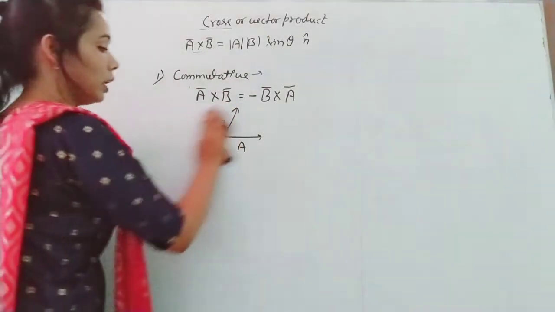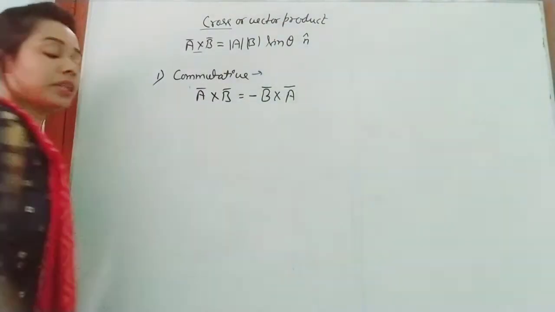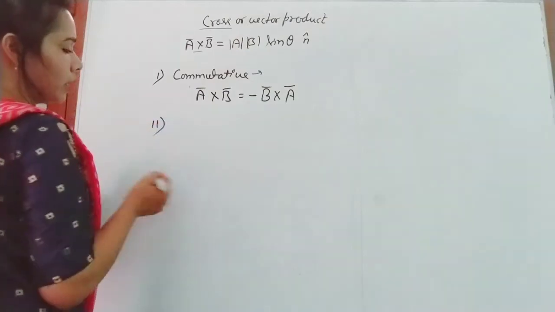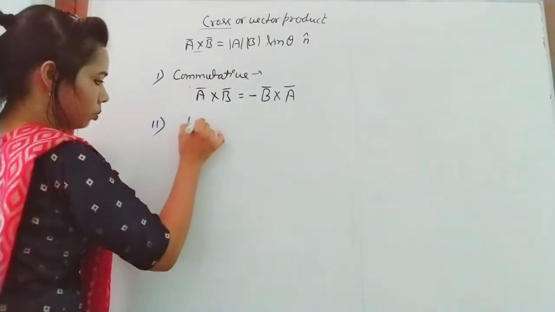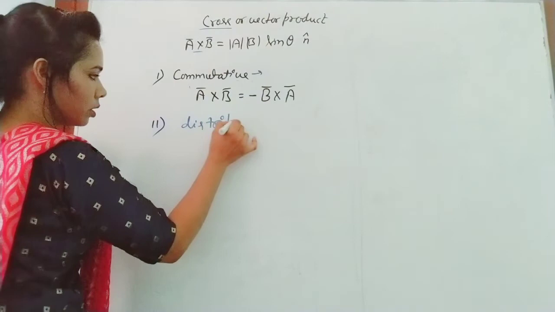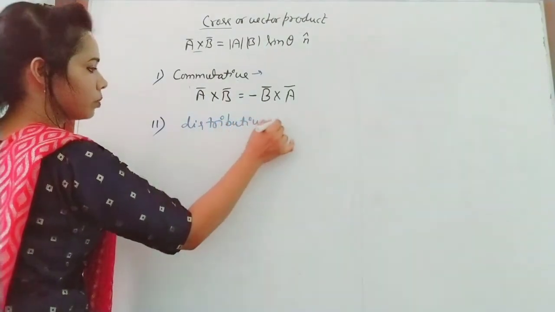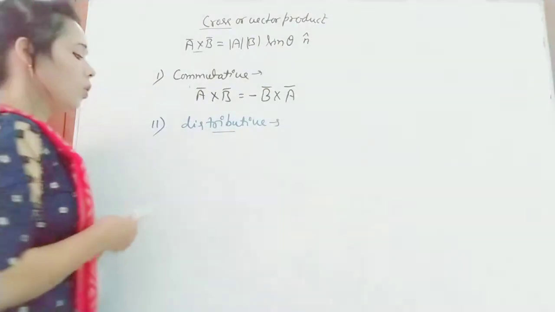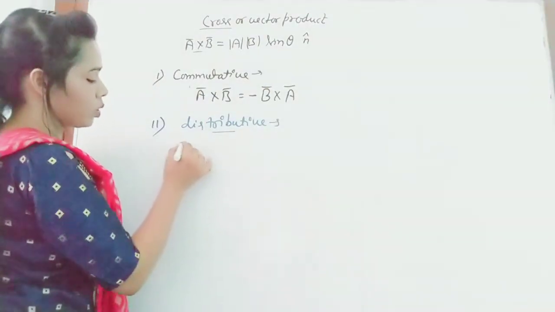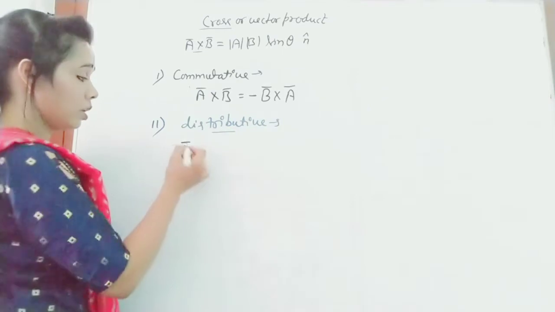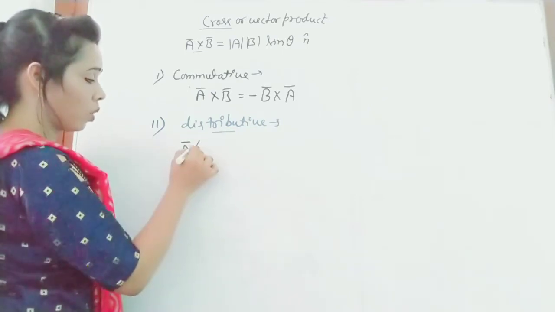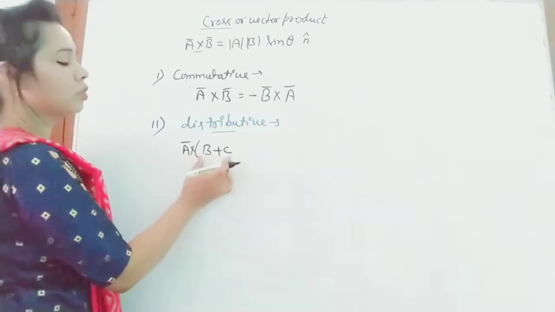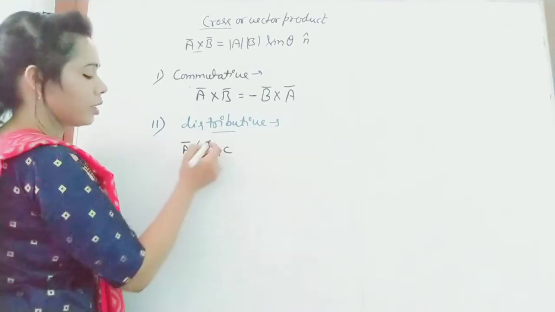Now I am going to explain another property, that is distributive over addition. What is the distributive property? If you are doing the cross product of A with B plus C, this is distributive over the vector addition.